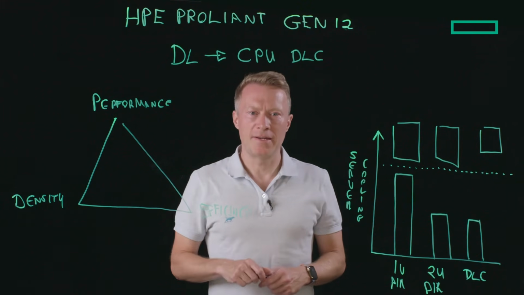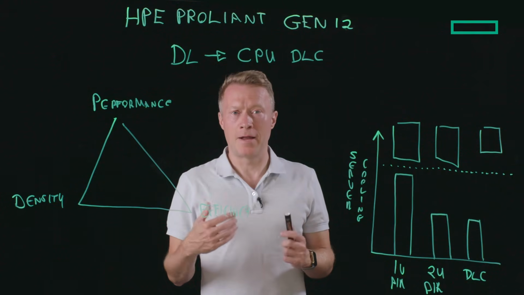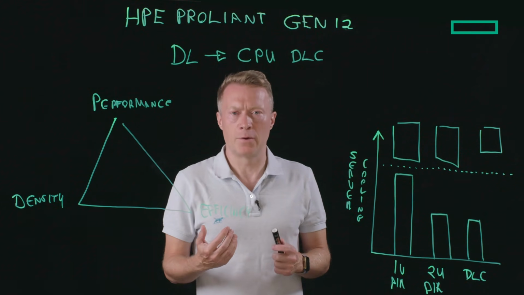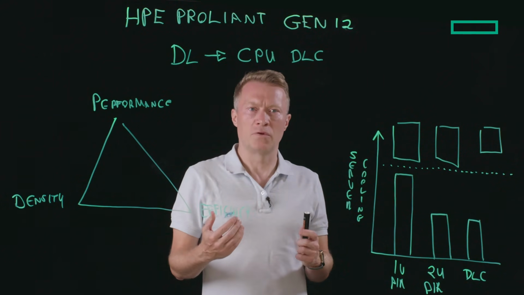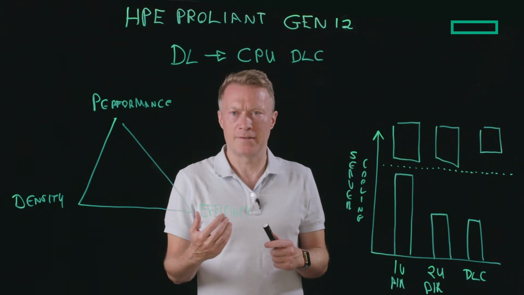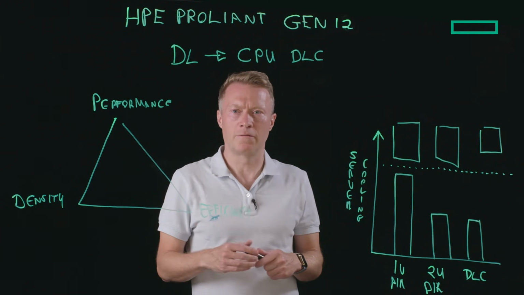So in summary, we have the latest CPU technology from both Intel and AMD in our HPE ProLiant Gen 12 servers, along with the supporting infrastructure designs and memory capacities to ensure the best value is taken from them.